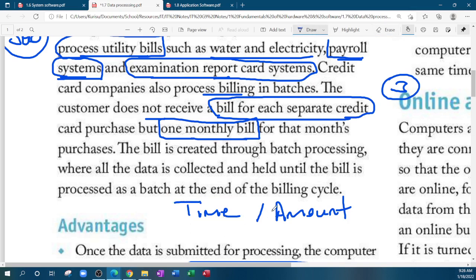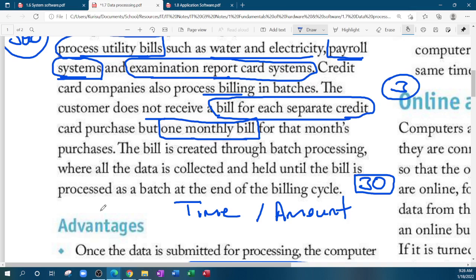Now, what about amount? For amount, you could say when the data reaches a certain amount. For example, with the billing system, you could say when this person makes 30 transactions, process all of our data.